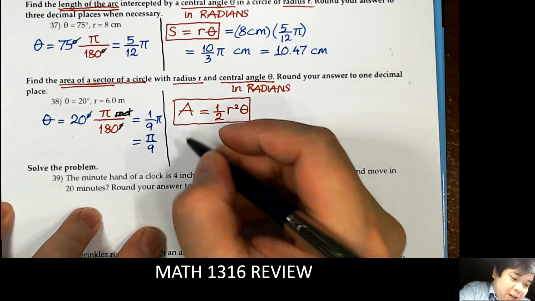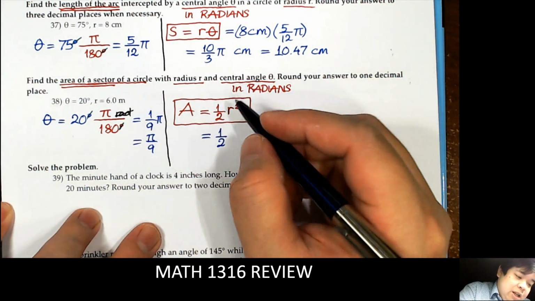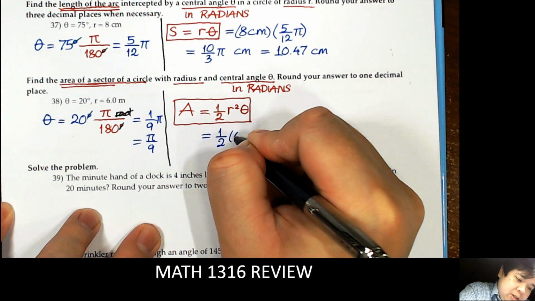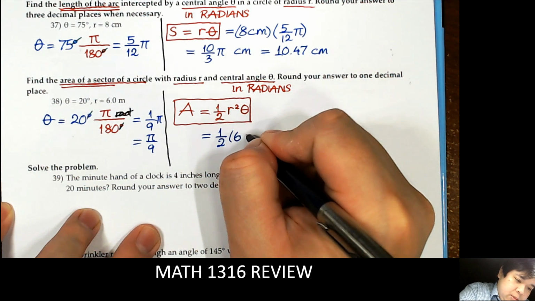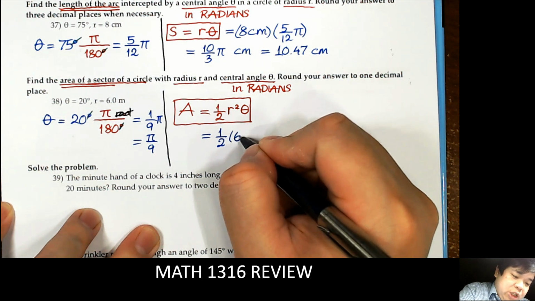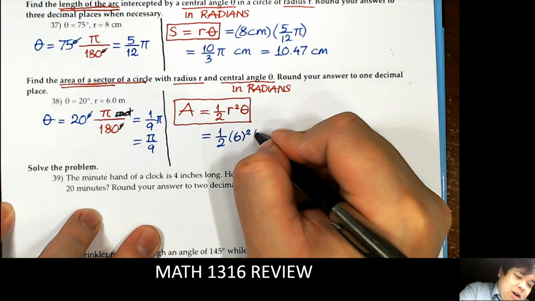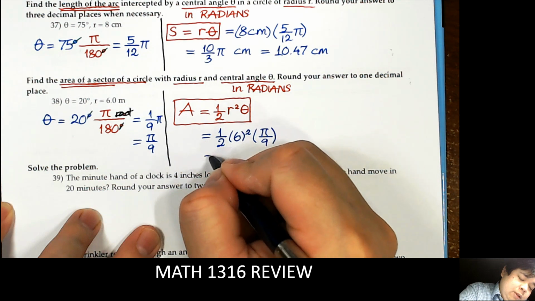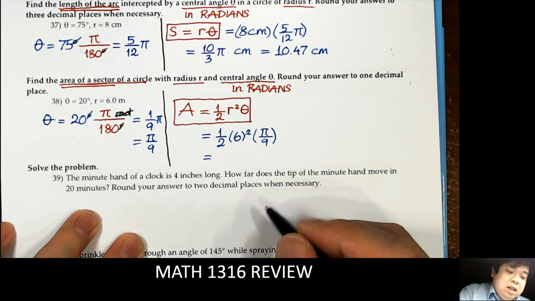So the area is 1/2 times the radius, 6 meters, squared. We may or may not put the unit here. I just work with numbers. And theta is pi over 9. So 6 squared is 36 divided by 18.